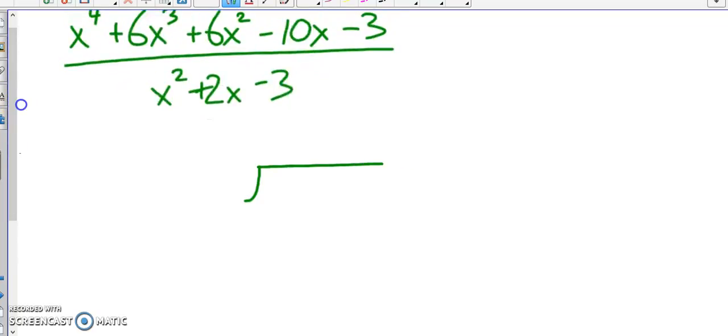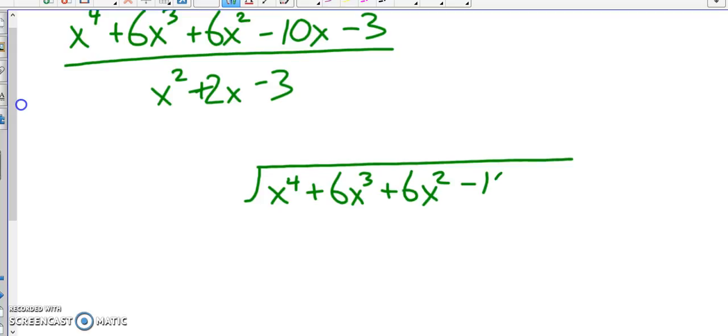So I'm going to have x to the 4th plus 6x cubed plus 6x squared minus 10x minus 3. Then I'm going to have x squared plus 2x minus 3 out there.